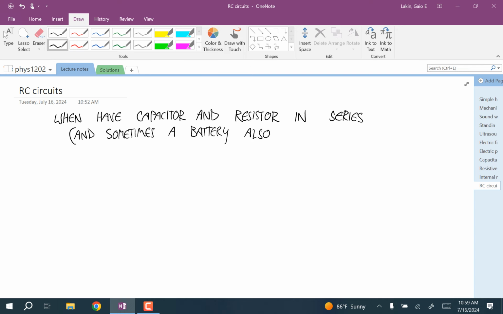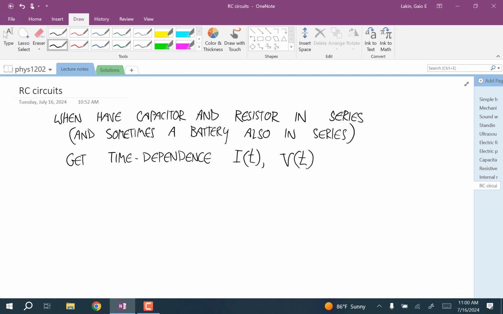This also has to be in series. You get time dependence. You get current values and voltage values that change over time. So your current will be dependent on time, and your voltage will be dependent on time.